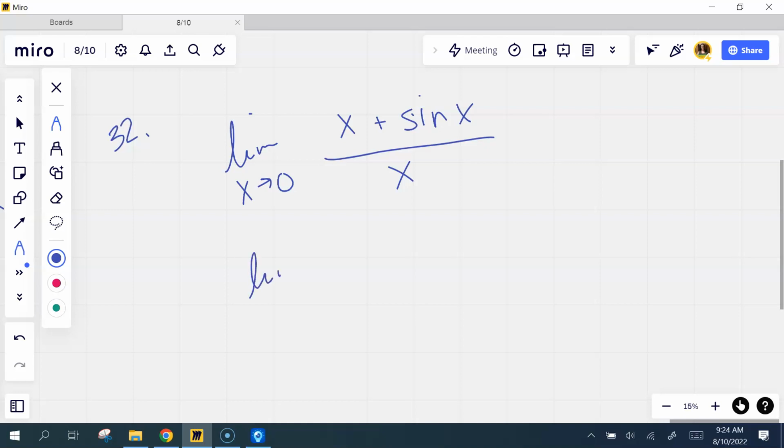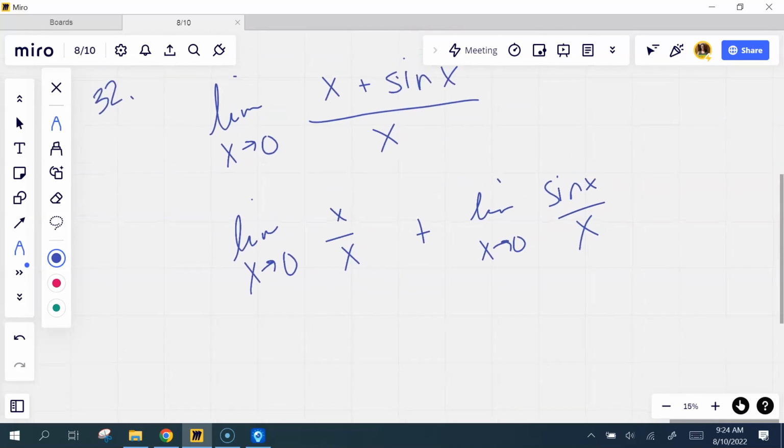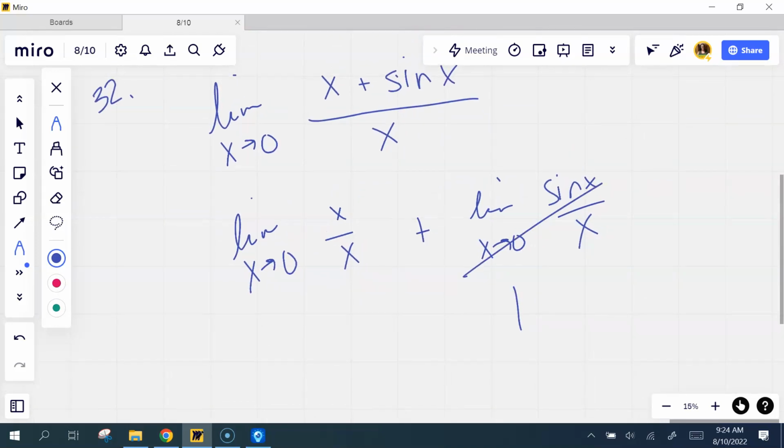Split it into two. I got x over x. Boy, that looks familiar. So if they cancel, what happens there? Equals 1. What's the limit of a constant? The constant. So it's just going to be 1.